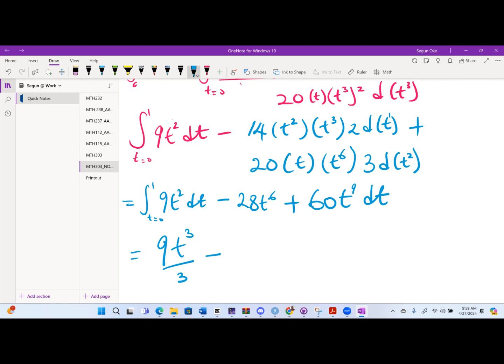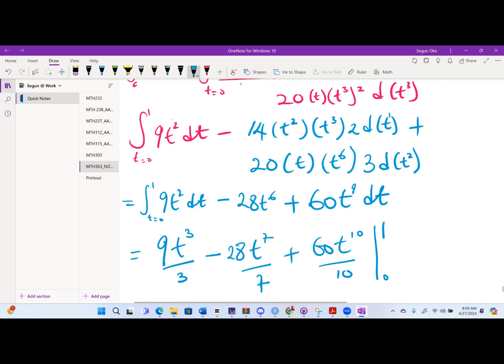Minus 28 t raised to power 7 over 7. Plus 60 t raised to power 10 over 10. The limits are 0 and 1. Upper limit minus lower limit.